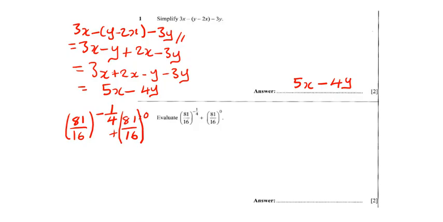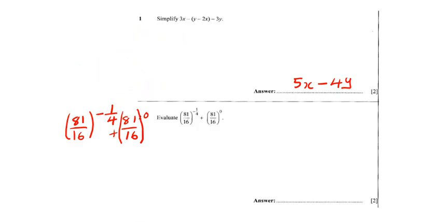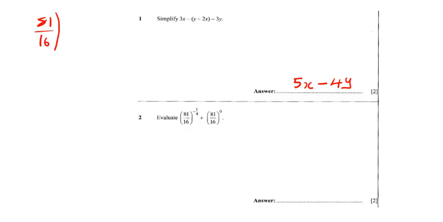This question is very simple. Let me just rub this part on top so that I use the space. So we have 81 over 16 close brackets to the power -1 over 4 plus 81 over 16 to the power 0.